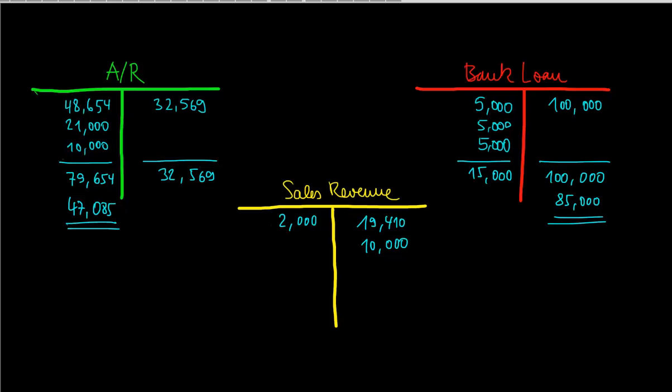Finally, let's look at the sales revenue account. Sales revenues are usually increased on the credit side, so most of the time there will not be any debit entries on a revenue account. In this case, there happens to be a debit entry, and what could the reason be?